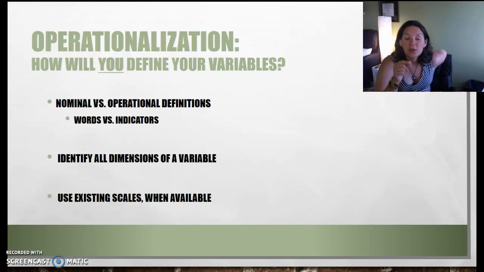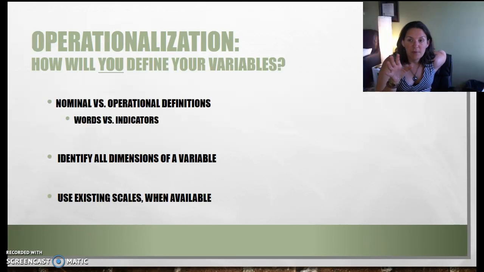Okay, and so what do you do with all of this, or what do you do when you look at a research study? Well, in your draft paper, and as you start to think about your research, you are asked to define your variables. And you're actually asked to give a nominal definition and an operational definition.